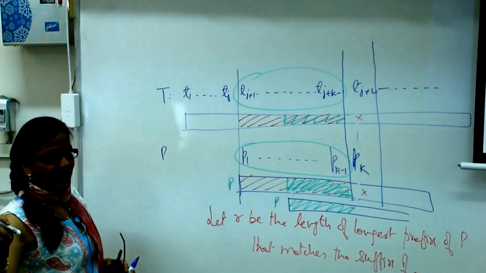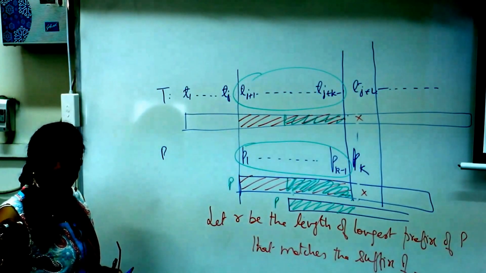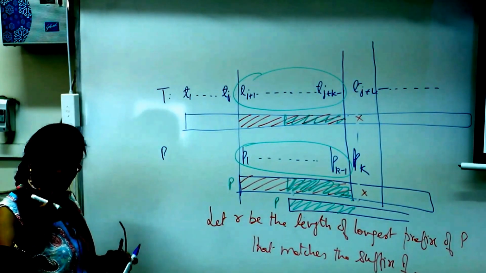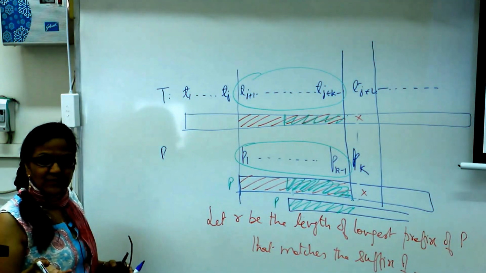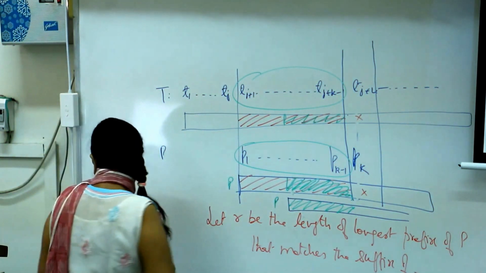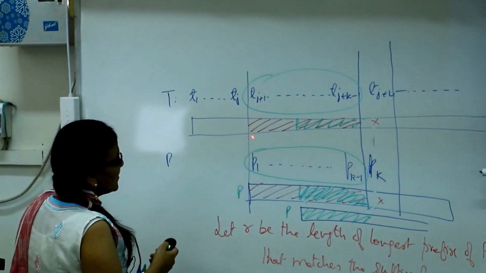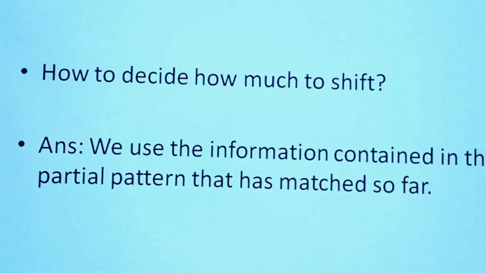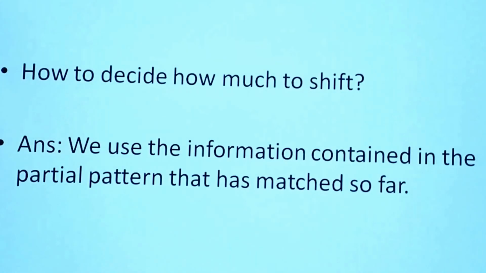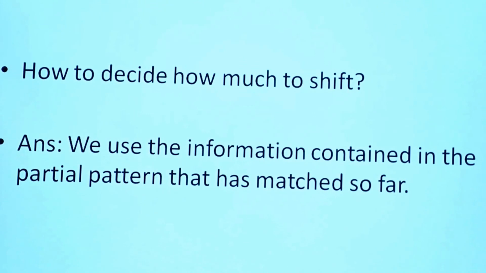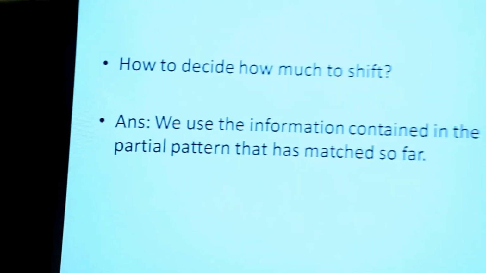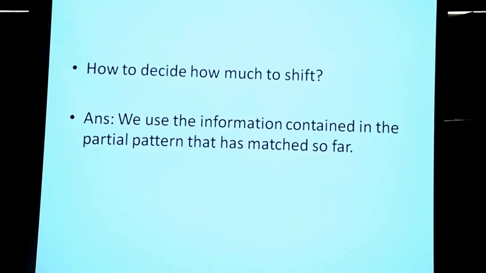Before the mismatch everything was matched. Therefore that part of the text is actually nothing but this part of the pattern. The red part of the text is matched with the red part of the pattern and the failure occurred here.